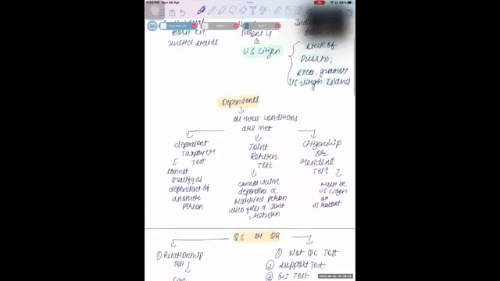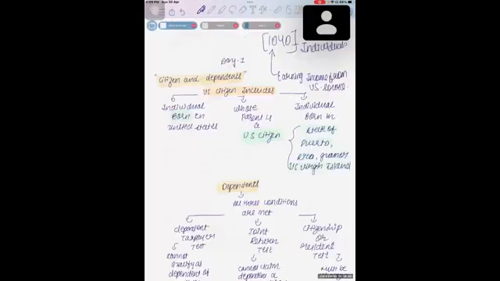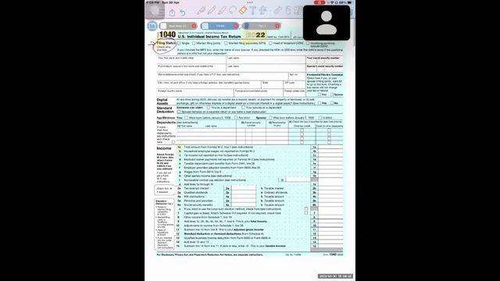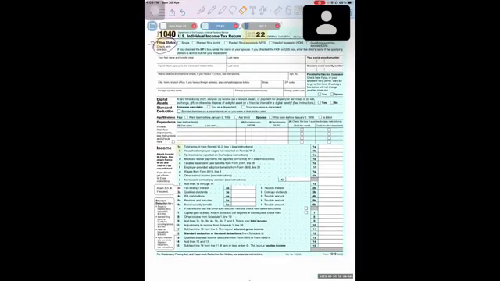If you have seen the 1040 form, I'm sharing the 1040 form right now. You can see one column called dependents here. Here you can claim as many dependents as a qualifying child or a qualifying relative. What is the benefit of this?